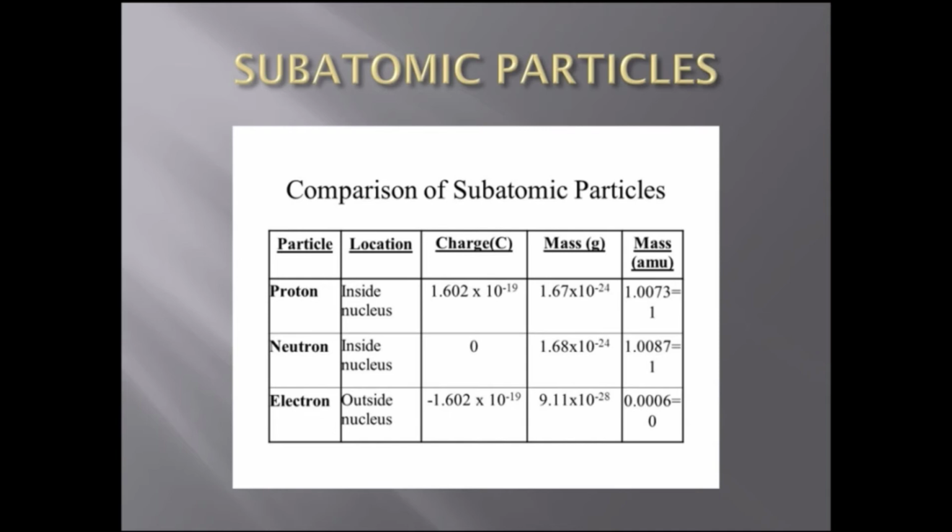You can see that the charge of proton and electron is equal but opposite. So, in an atom, the charge of a proton and electron is equal. An atom is always electrically neutral. The number of protons in an atom is equal to the number of electrons in an atom.